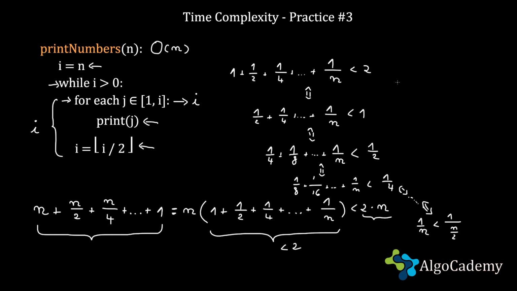So notice here that when the first term of the sum was 1, the value on the right of the sign was 2. When this is 1 divided by 2, this was 1. When this was 1 divided by 4, this was 1 divided by 2, right? So the value here was always equal to double the first term of my sum.